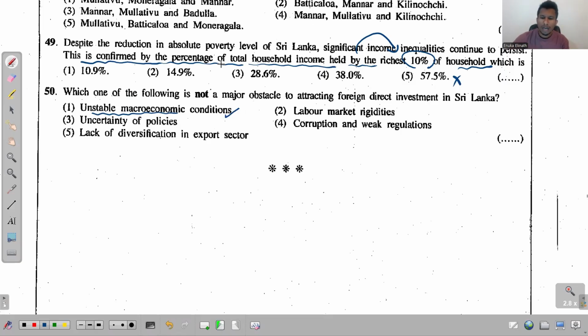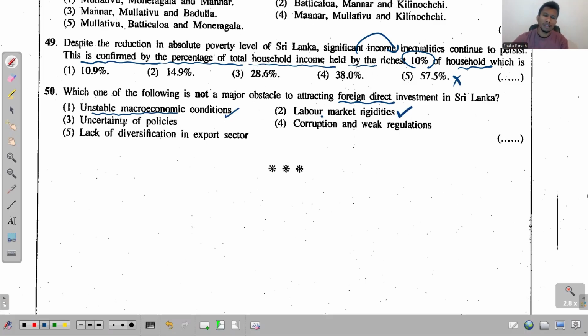Nobody will come and invest here if the macroeconomy is unstable. The second one, labor market rigidities. Again, the labor market, they are lack of skills and they can't even adapt to the new technology. So if those problems are there, then nobody will come and start factories here. So that is also an obstacle.